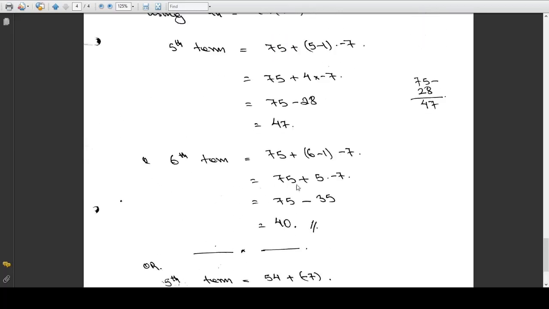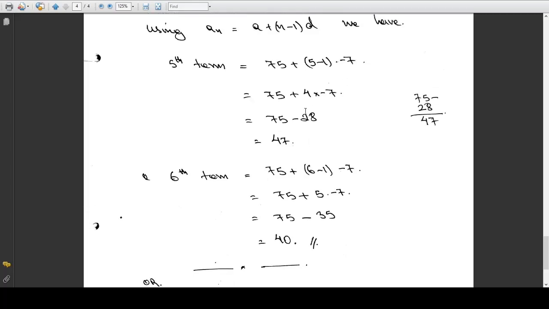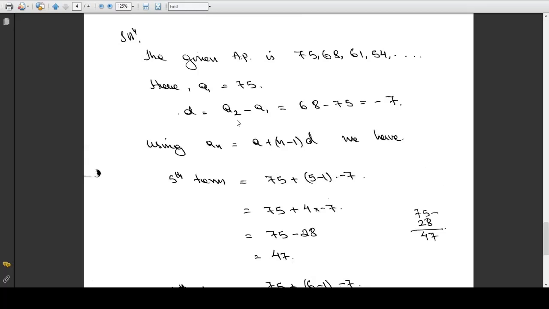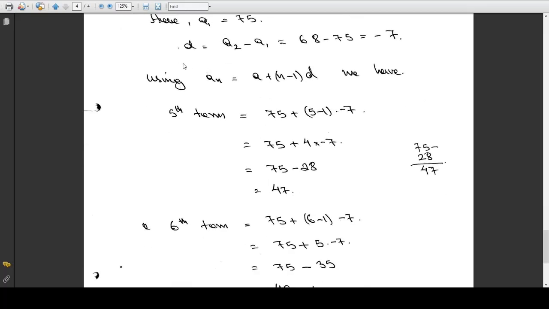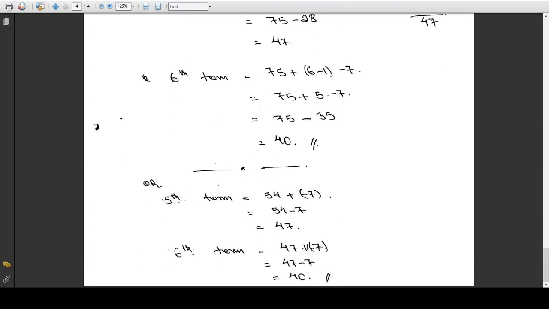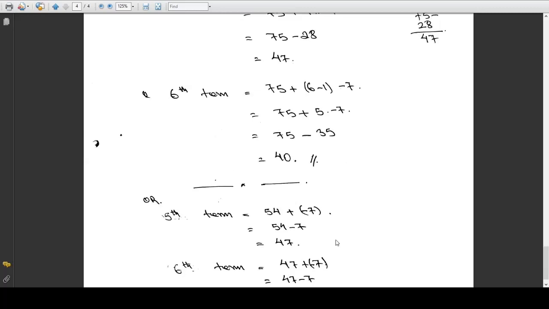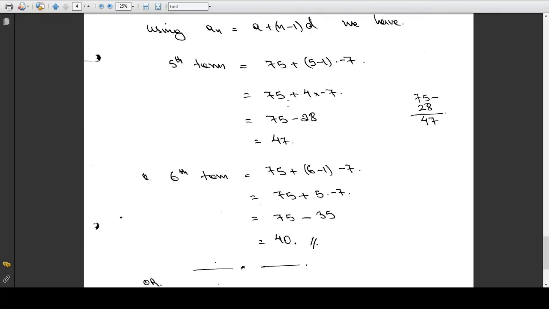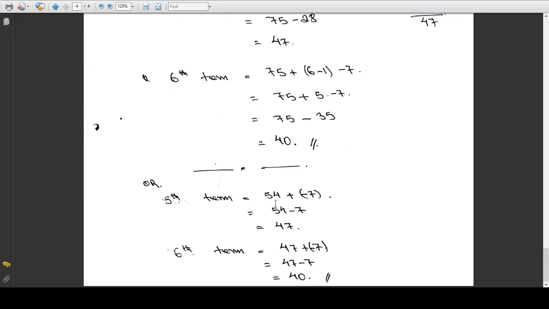No need to go for this other one, because it will be lengthy for you to solve. Just go as the first one I've shown you. Just find the common difference, and then write the fifth term in this way, and the sixth term in this way. Just add the common difference. You can choose either one, but I think this will be better for you because it's easy for you to do.